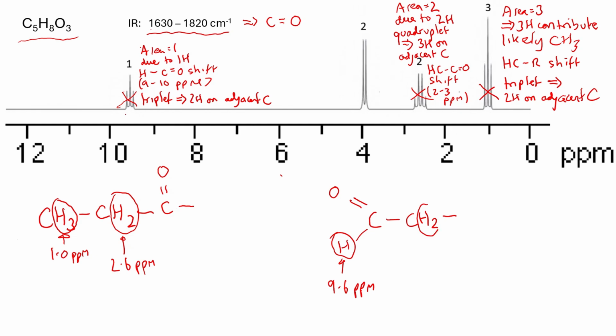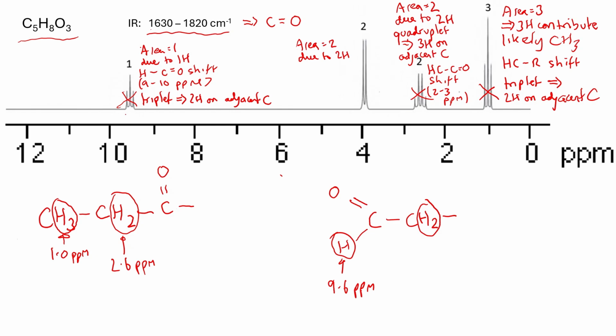These ones should give rise to our peak at 4, but before we write that down, we're going to check it fits. So this one has an area of 2 due to 2 hydrogens. So that fits.